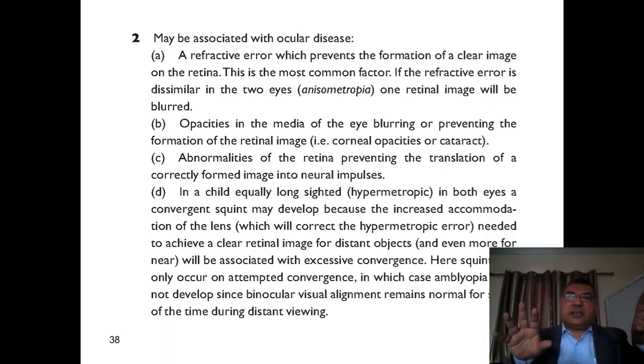So here the defect is in the sensory component. Any disease that interrupts vision in one eye will result in a blurred image of this eye, and as we said, there will be confusion and suppression of this image and loss of single binocular vision.